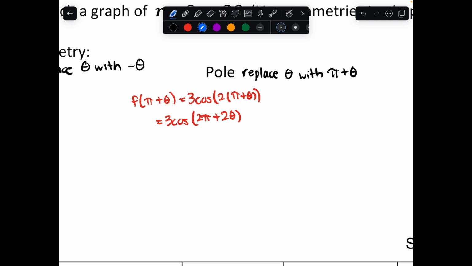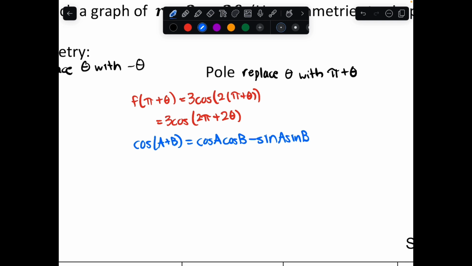We could use the identity cosine of a plus b is equal to cosine of a times cosine of b minus sine of a times sine of b. Now, we could use this identity and we would end up getting the correct answer.